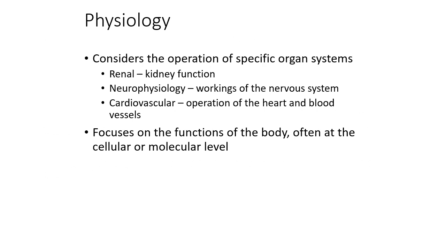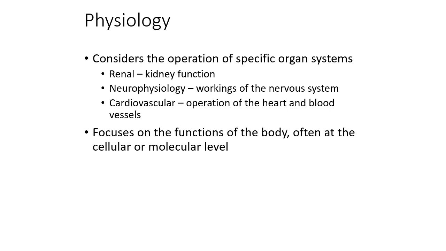For physiology, it's how do all of those organs work? How do the structures that we just named function within the body itself? With this, we typically look at it from a systemic outlook, and so we're going to look at the different organ systems themselves. Within each organ system, we basically have a specialization as well.